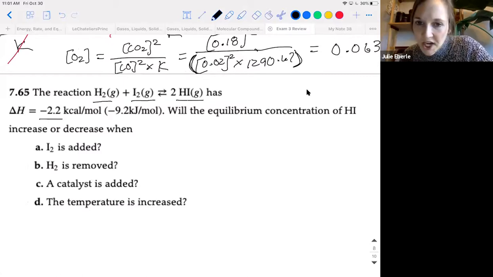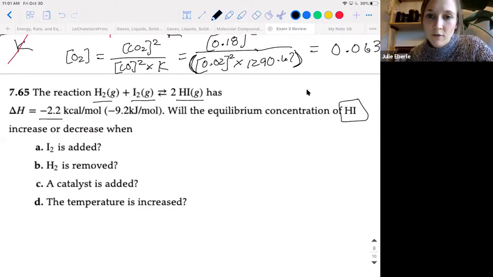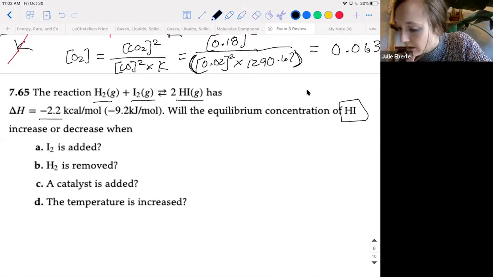Now we're going to change things and predict, based on Le Chatelier's principle, how the equilibrium concentration of HI will change. We're not saying it'll shift right or shift left here. We're saying would the concentration of HI increase or decrease based on how the equilibrium would shift. So it's a little bit different style of question than what you were answering on your labs this week.